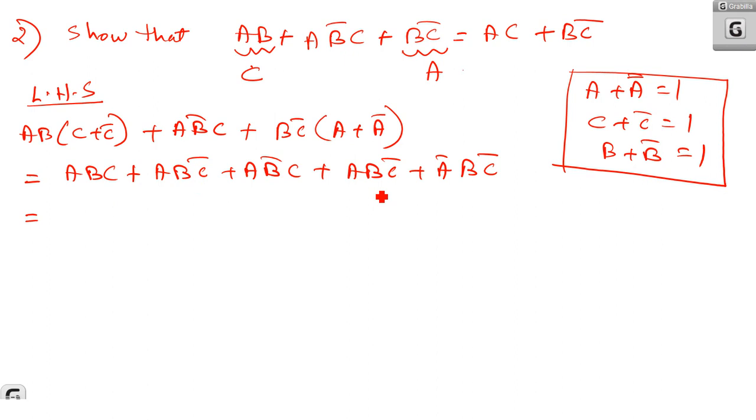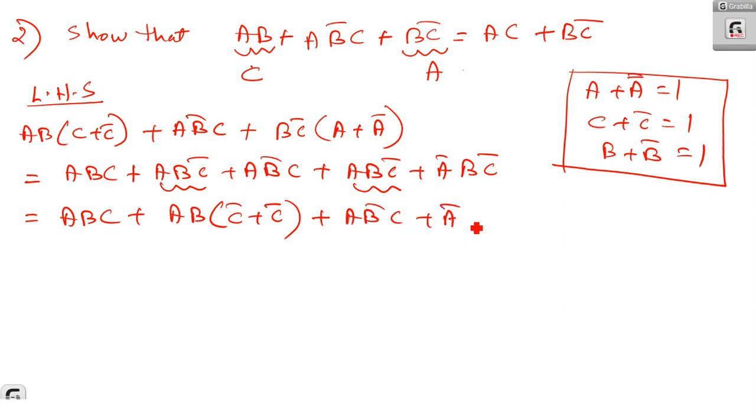So you can take AB common from these two terms. That is AB into C or C bar, or A B bar C or A bar B C bar. Those two terms are the same, so A or A is A itself.